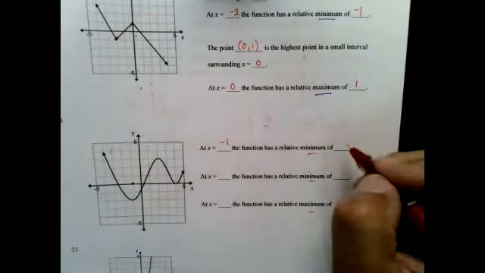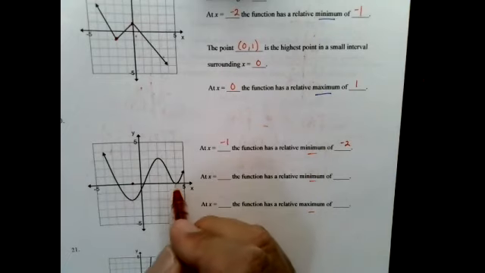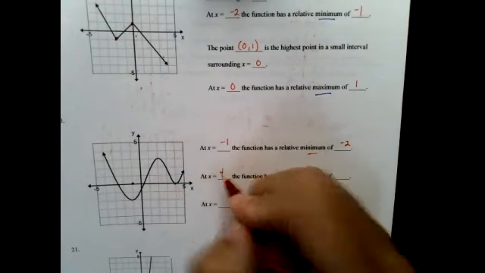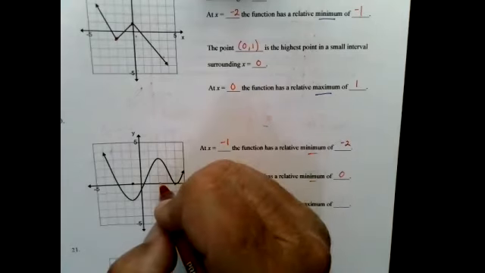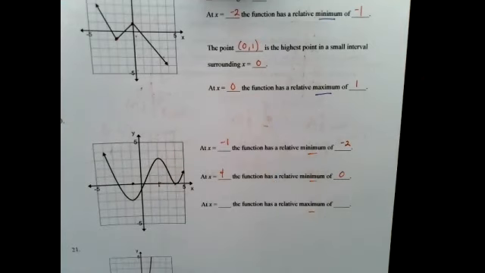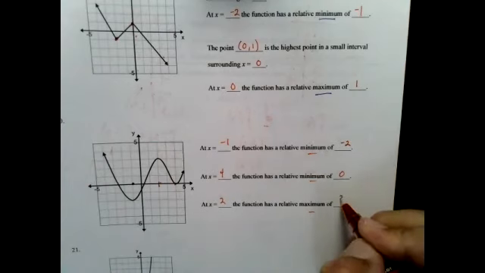It has a minimum of -2. Here's another minimum. At x equals 4, it has a relative min of 0. Max, see how I said that in a deeper voice. Max at x equals 2, the function has a relative maximum of 3.